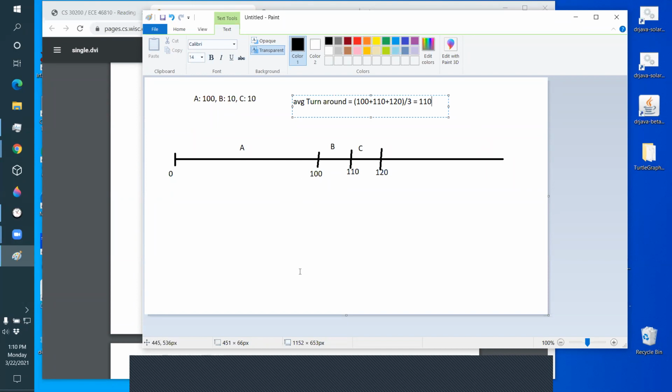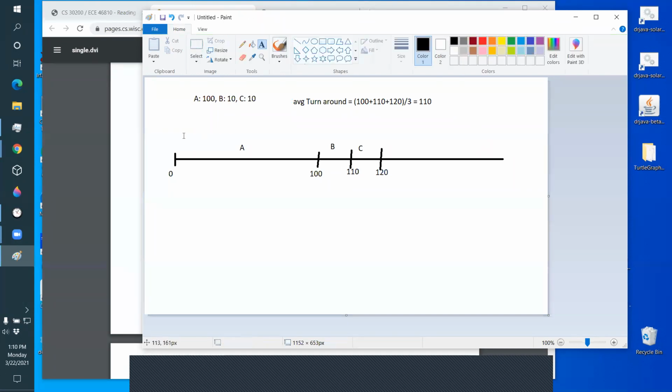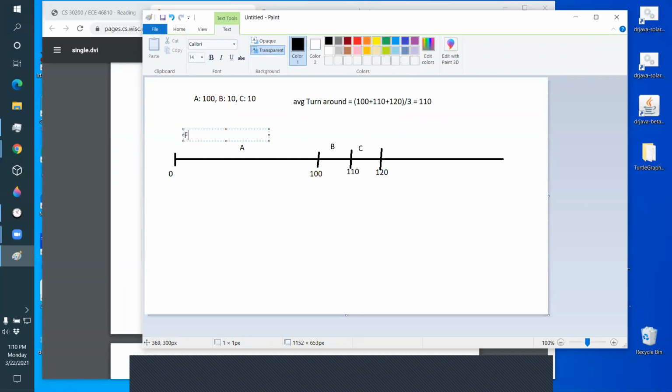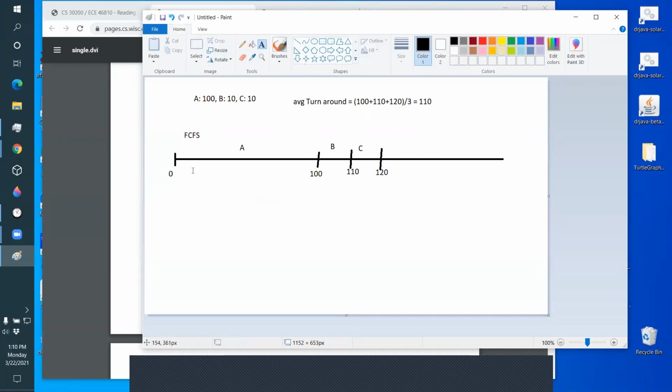Now, this was using first come, first serve. So this is the algorithm first come, first serve, or first in, first out. There's different names for it. Now let's try a different ordering.